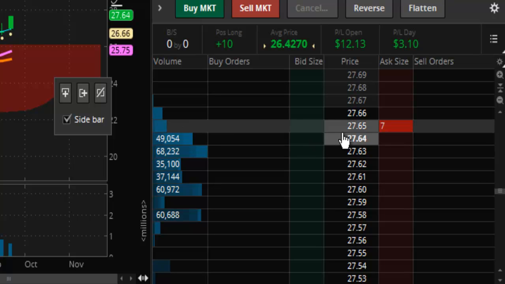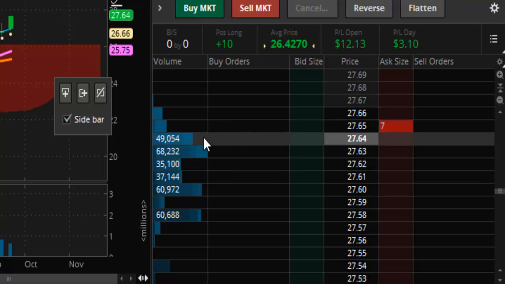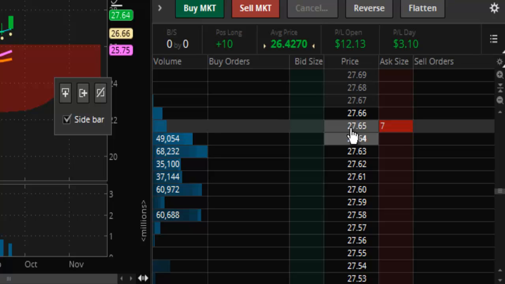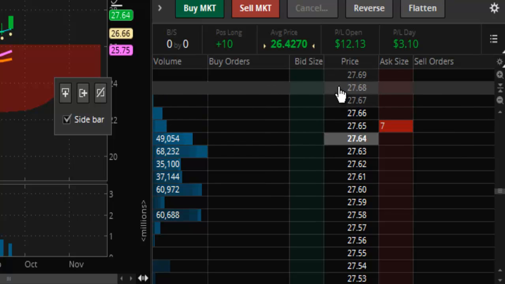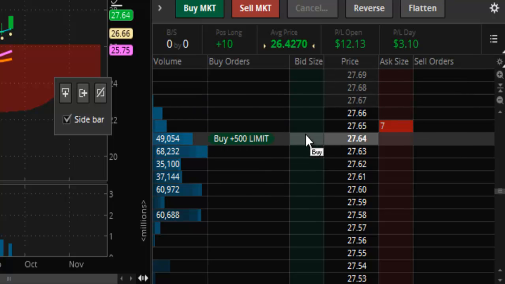It could stay here for a minute, clear out maybe 49,000 of that, leave 54 of you hanging, and then it can jump up to 65 and keep running, and then it can run without you. That is the danger, or the downside of limit orders. It doesn't guarantee you a fill, is what I'm trying to say.